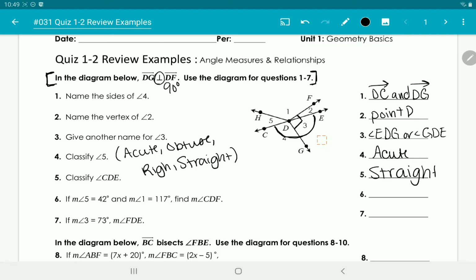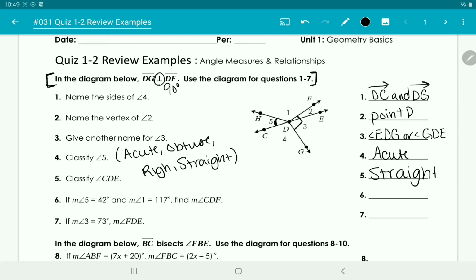Okay. Now, number 6 says if the measure of angle 5, so we'll go ahead and mark our diagram, is 42 degrees, and the measure of angle 1 is 117 degrees. Angle 1 here, I'm going to use 2 angle marks to show that it's different from angle 5. Then it says to find angle CDF, which is this entire one. So angle CDF is these two angles added together because they make up that angle.